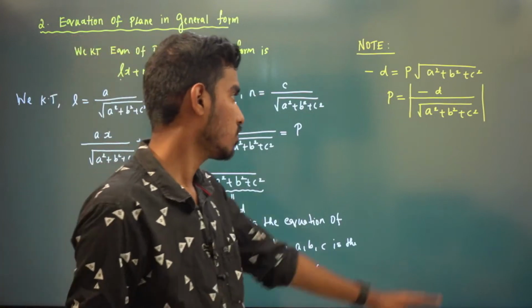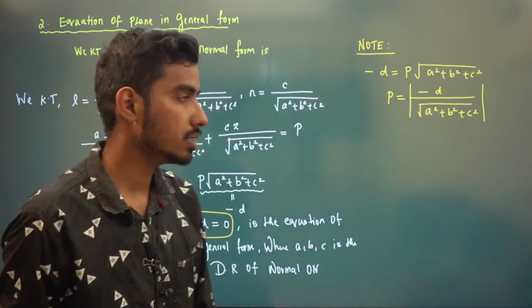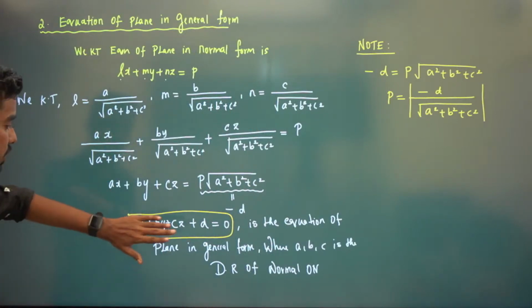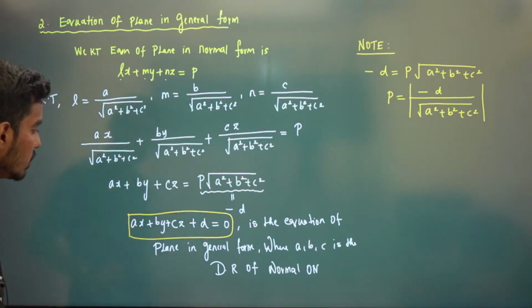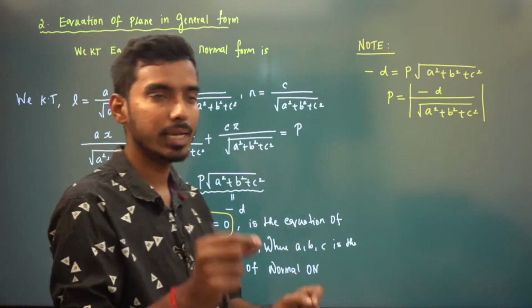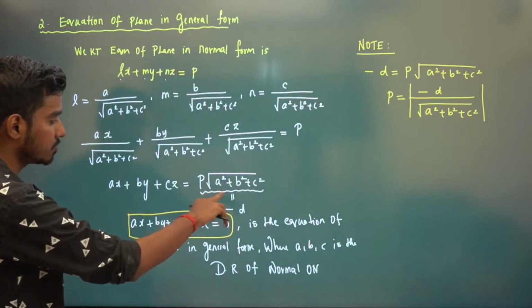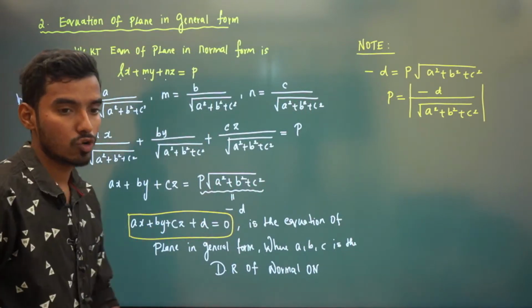Put modulus here so that the length will be positive. Very important formula. Given the equation of plane in general form, if you want to find the length of the perpendicular P, you can make use of this formula, because we assumed this to be minus D. So far so clear?